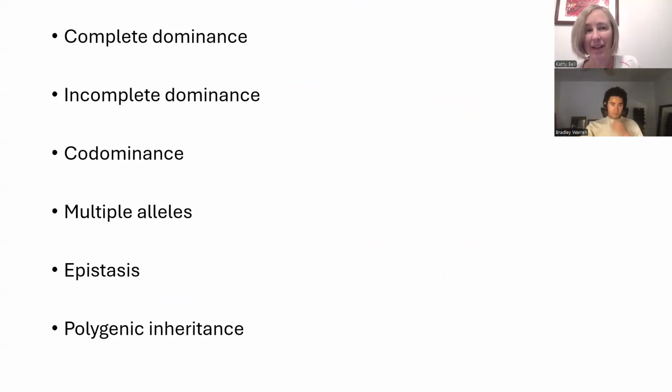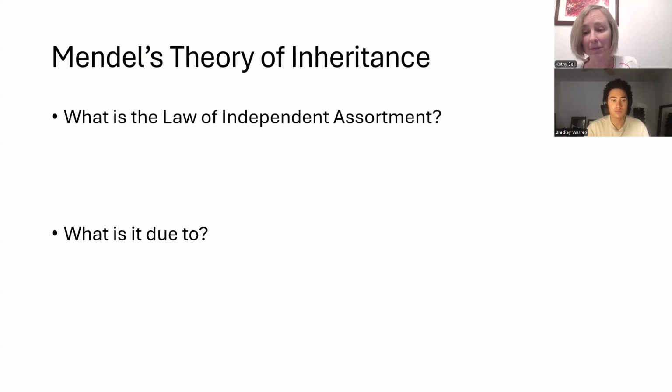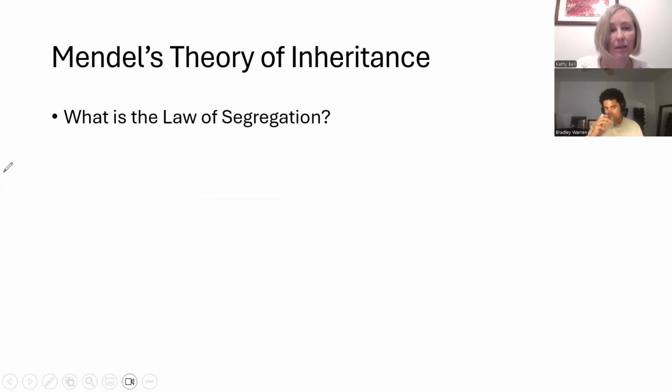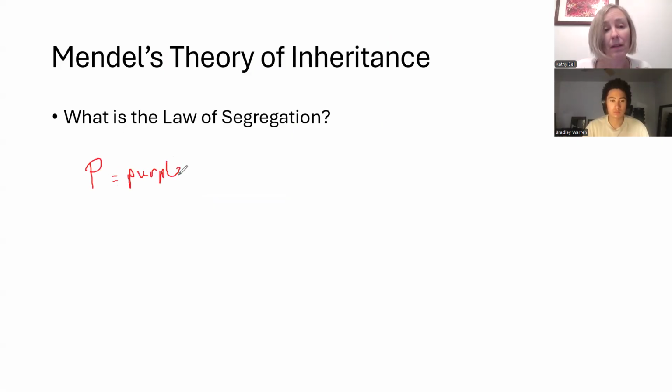Before we get to that, let's just practice a Punnett square here. Let's say we're just looking at one gene, the color of the flower, where big P is purple and little p is white.